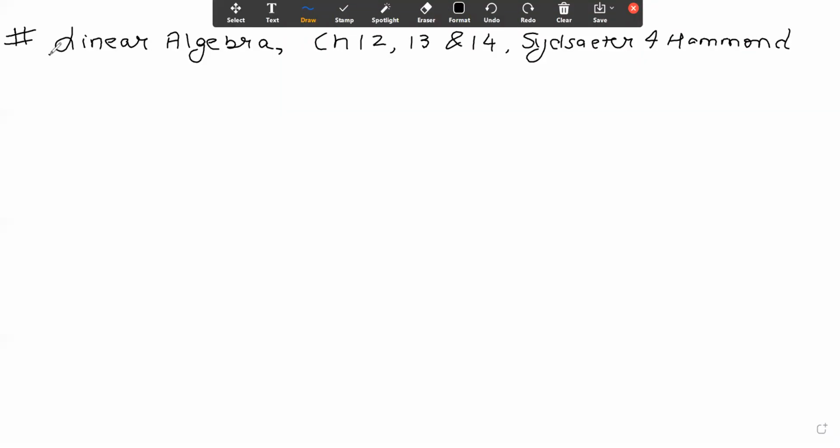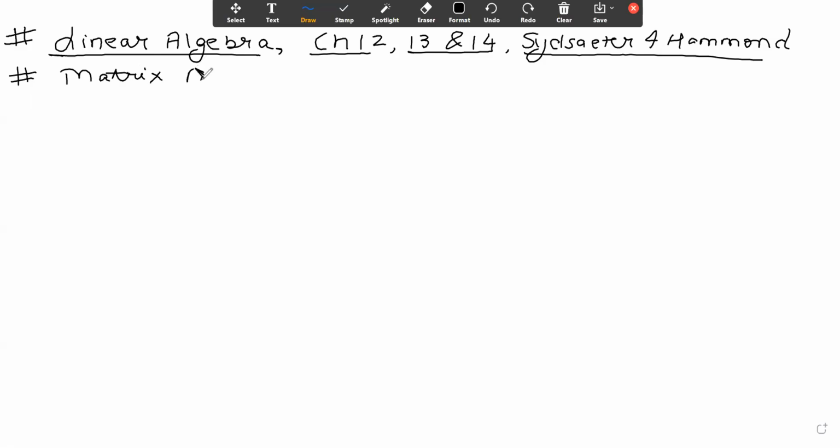Okay, and within this broad topic, the subtopic which we are doing is matrix algebra, and formally this is chapter 12 of the book.